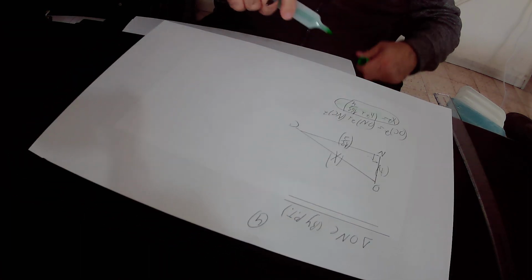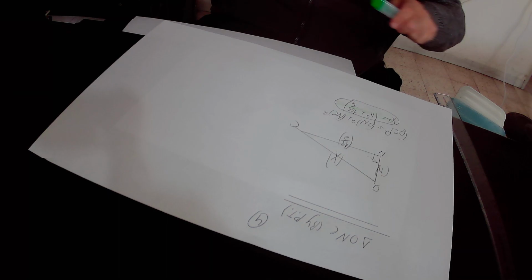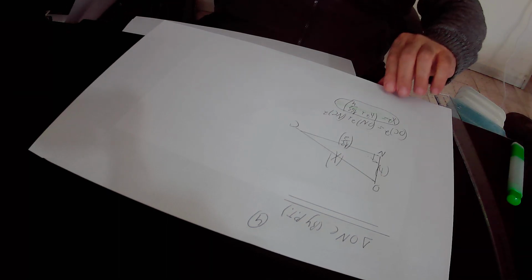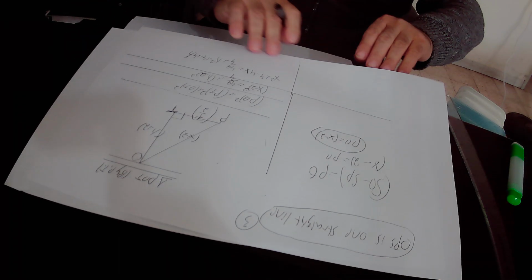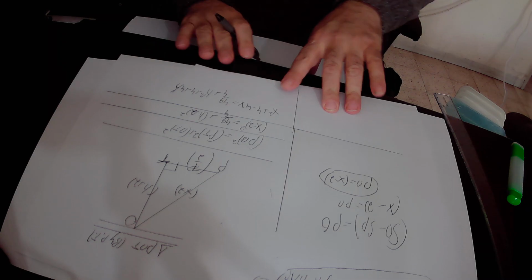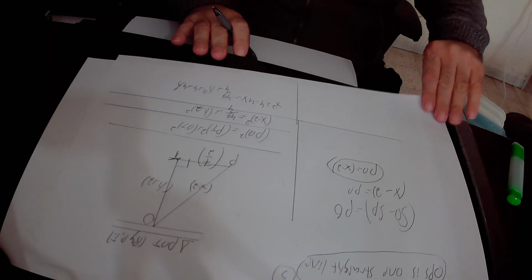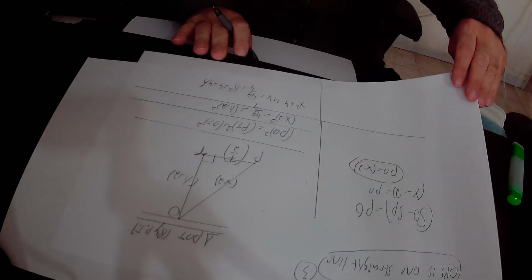Therefore, we can substitute x squared here in this equation by h squared plus 169 over 4.